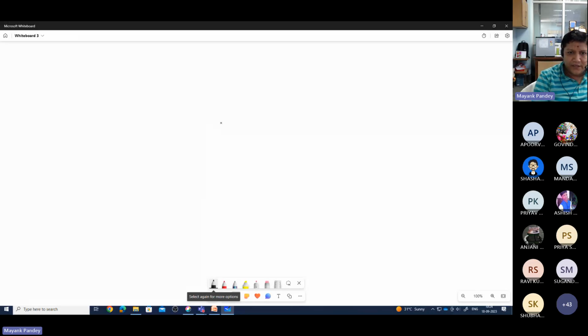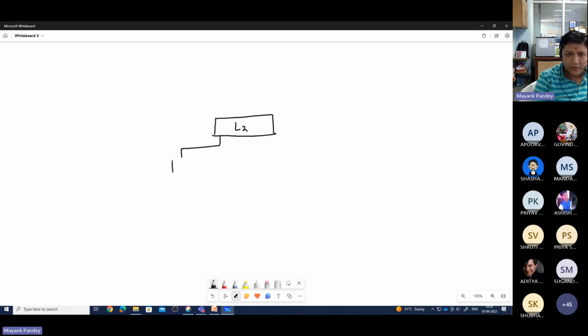Now, we have seen already that suppose it is a L2 switch and we have got an access point here, AP1, and another access point, AP2. So suppose there are two nodes, M1 and M2, and there are again two nodes, M3 and M4.